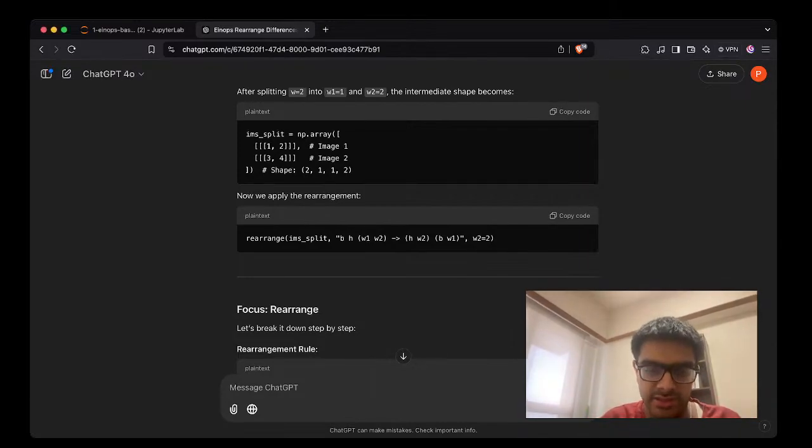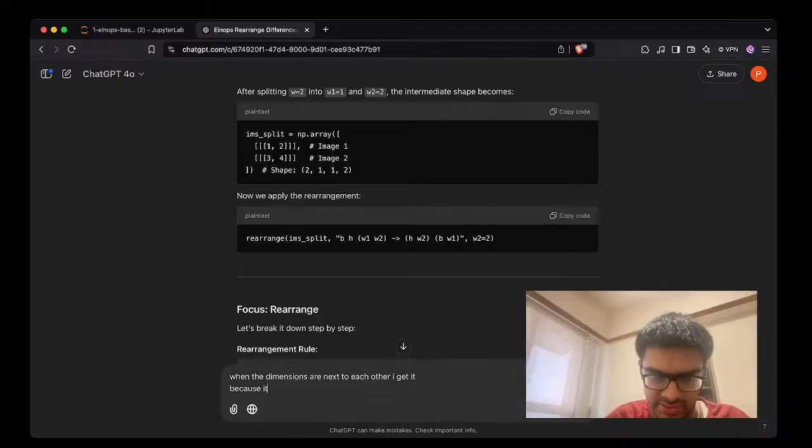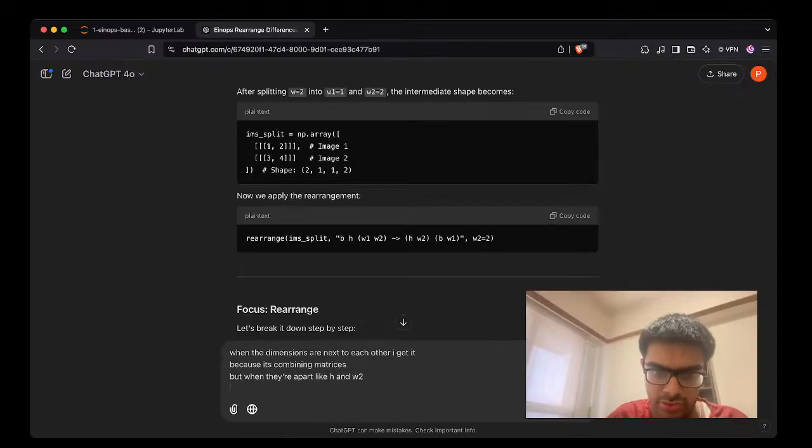Yeah, I think that's a good thing to plot also. When the dimensions are next to each other, I get it, because it's combining matrices. But when they're apart, like H and W2, I'm confused.